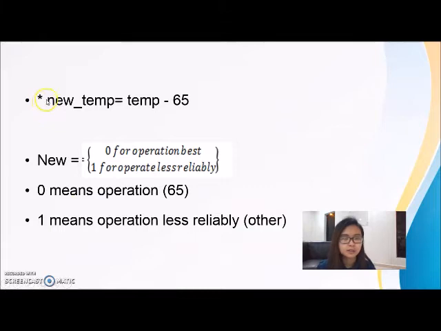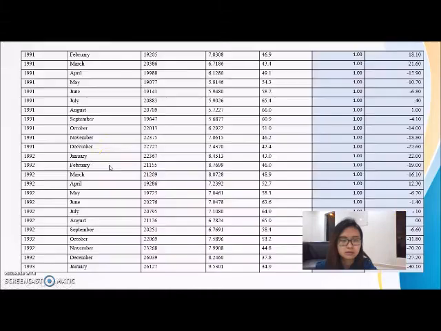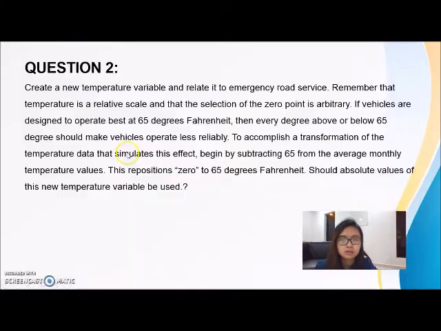So the new temperature is equal to temperature minus 65. The 65 is the best operating temperature, 65 degrees Fahrenheit, as the question mentioned.